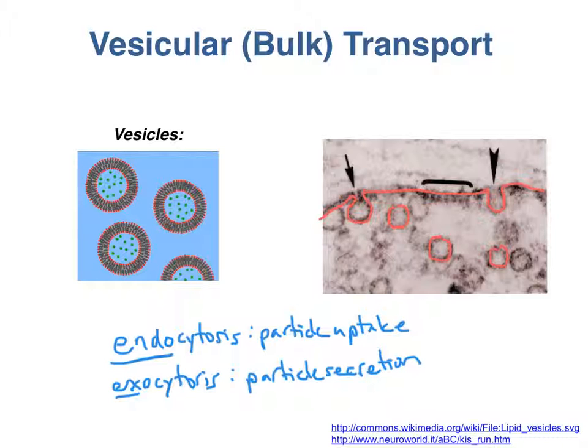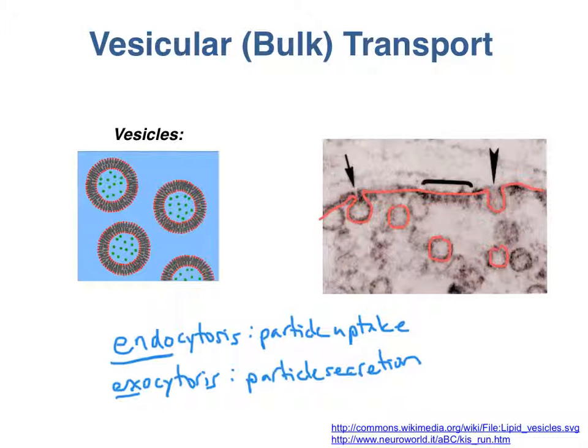So actually I described this process as though it were exocytosis and the vesicles were fusing with the plasma membrane and spewing out their contents, but this could just as equally be an image of endocytosis, in which case what's happening is that these vesicles are budding off from the plasma membrane into the cell.